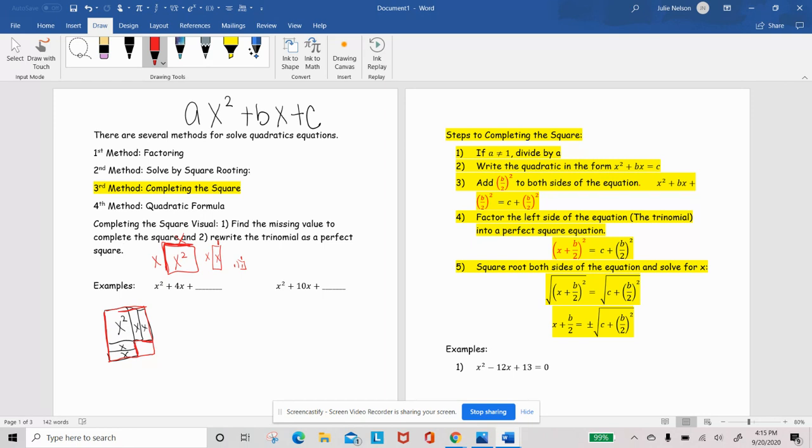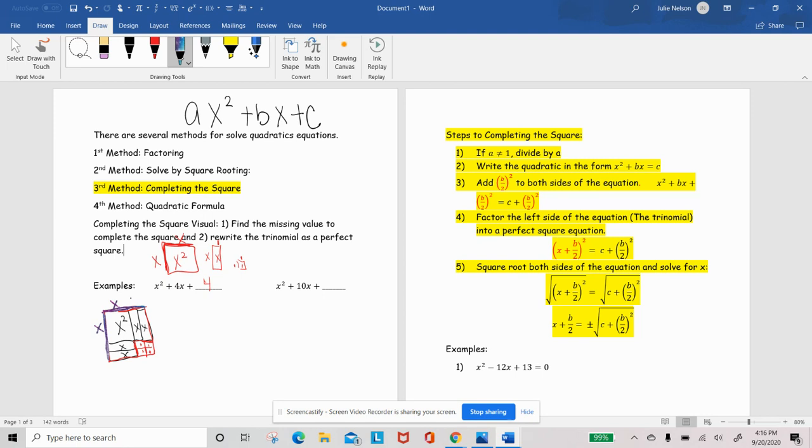What would fit into that perfectly? Well, I think I would need 1, 2, 3, 4, 4 little 1 tiles. So that's x squared plus 4x plus 4. If I take a look at how long it is and how tall it is, it should be the same length. Well, x squared is x times x.